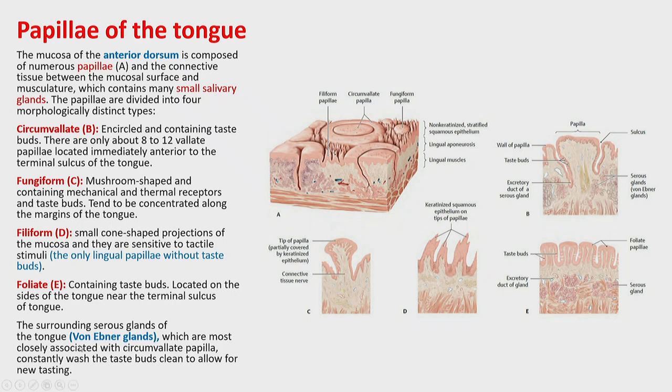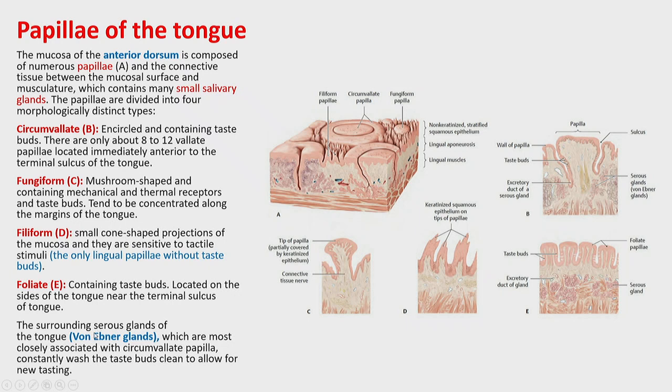The other is the small salivary gland located around the circumvallate papilla, exactly in front of the terminal sulcus, called von Ebner glands, and it produces serous secretion.